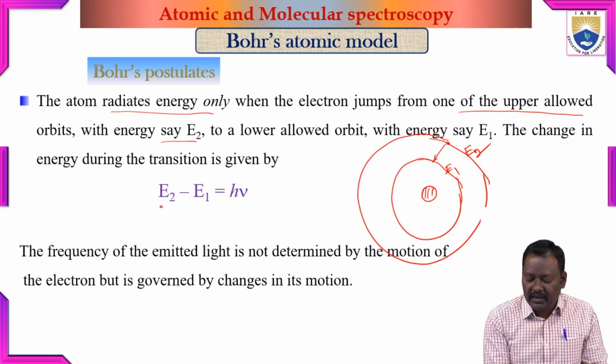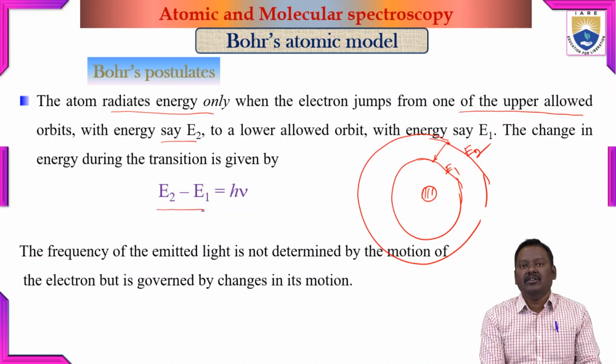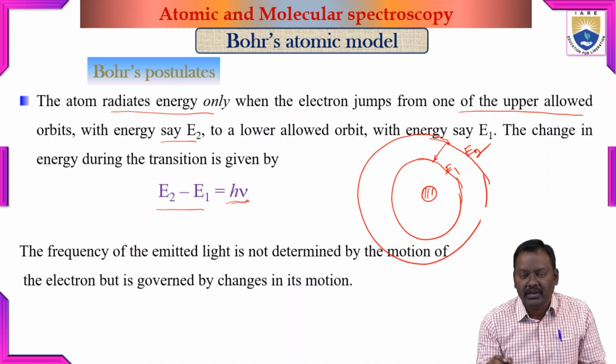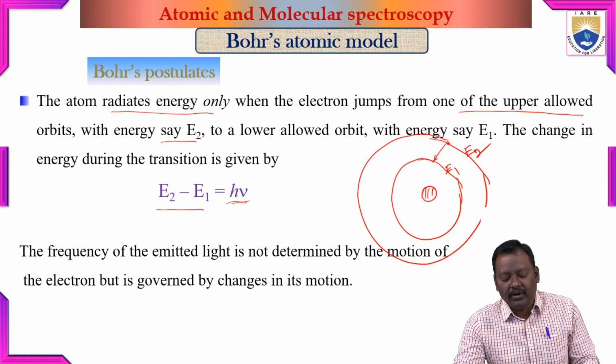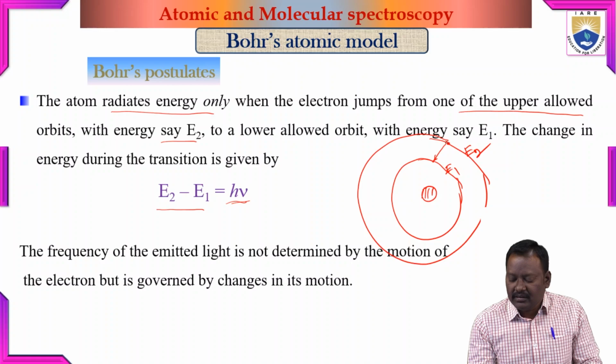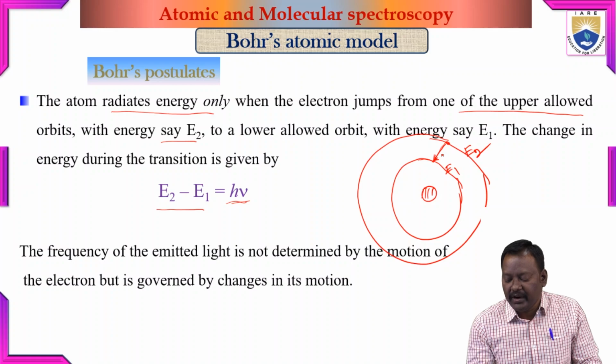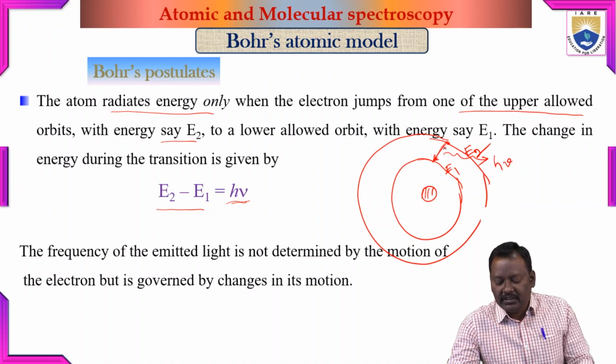So the change in energy, E2 minus E1, must be equal to h nu, where nu is the frequency of the photon. So when the electron jumps from a higher to a lower energy orbit, it emits radiation or light, and the energy of that particular photon must be equal to the energy difference between the two orbits.